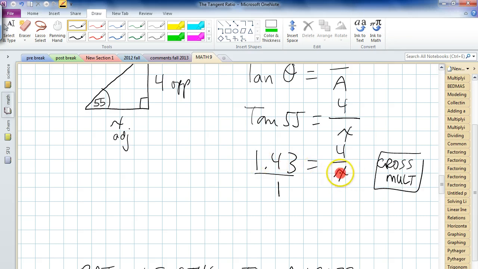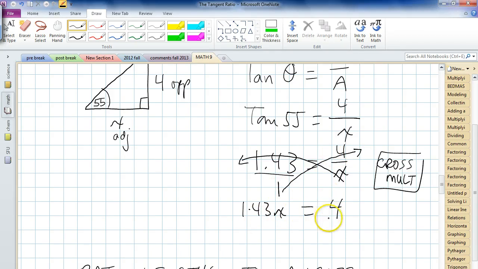You take the denominator from this side, multiply it by that side, take the denominator on this side, multiply it by the numerator on that side. The bottom multiplies the top. Crisscross. Diagonal, kind of like that. That gives you 1.43x, because 1.43 times x is just 1.43x, and then 1 times 4, which is just 4.